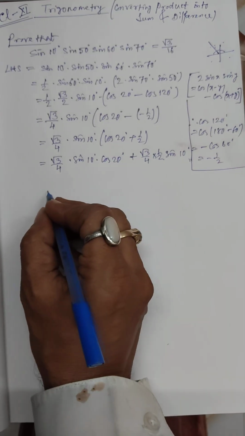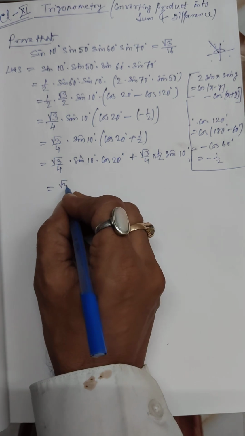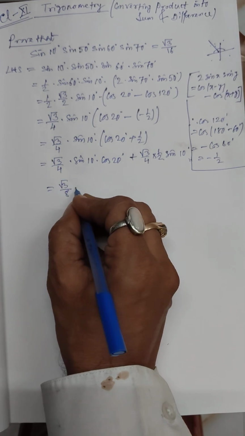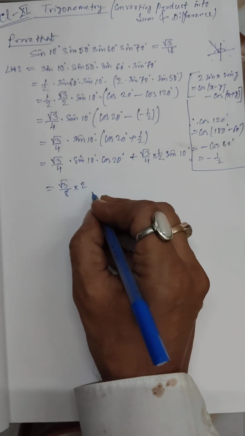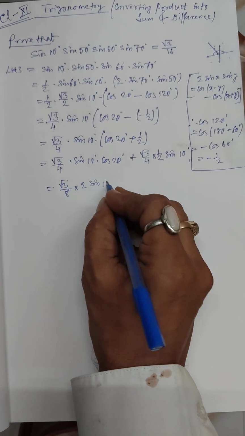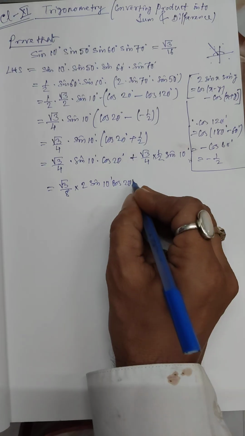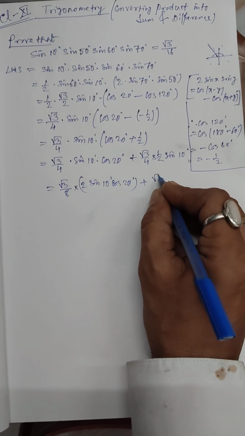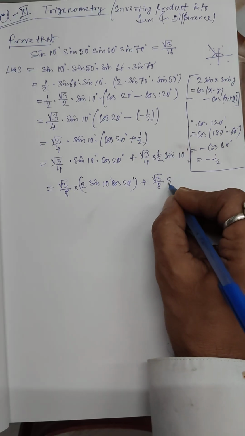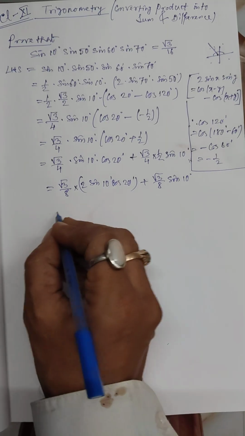Now, root 3 by 8, this is 8 multiplied by 2, then 2 is also multiplied over here, that is equal to root 3 by 8 into 2 sine 10 degree cos 20 degree plus root 3 by 8 sine 10 degree.